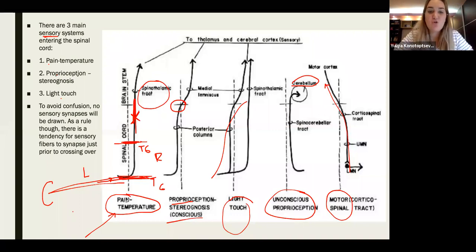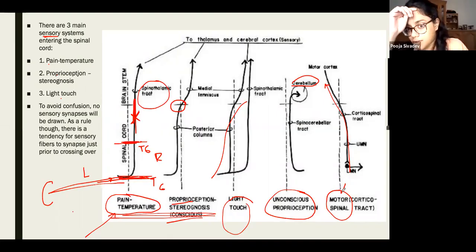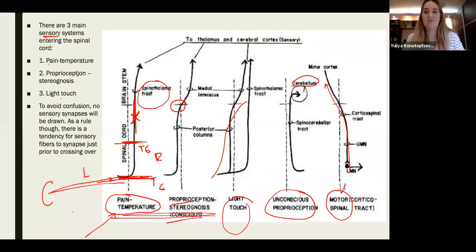And notice that it's not only for sensory, it's also for motor. If a patient comes to you with a stroke and says, I cannot lift my right arm, where is the damage? Corticospinal tract. But on which side? Left side. The damage is on the left side. Do you get it? The only thing that stays ipsilateral is the one that involves the cerebellum.